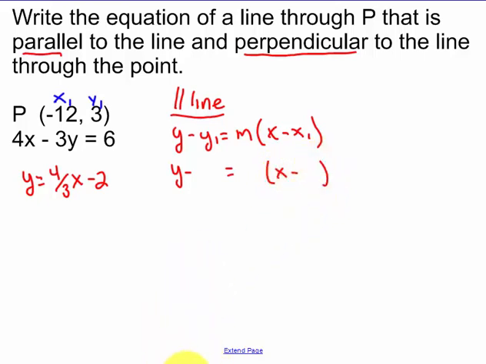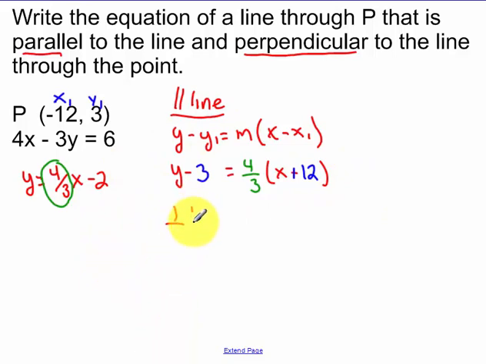For parallel lines, your slope is the same as your normal line. So 4/3 goes in there, and then as I was talking about, x1 goes here, so that becomes a plus 12. y1 is a positive 3. You're welcome to use slope-intercept form, but if you use point-slope form, you could just leave it like that.